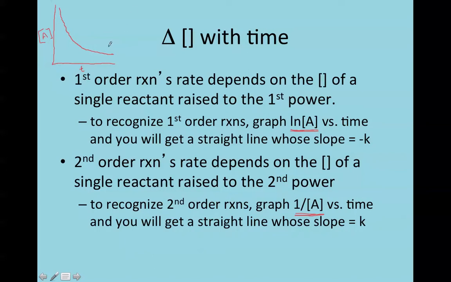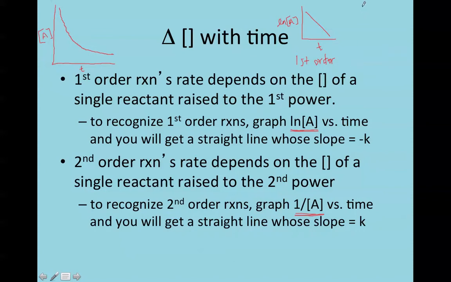So if you take these data points, this exponential-ish decay, and you graph the natural log of A versus time, and it ends up looking like this, well, that tells you that this is a first order reaction.